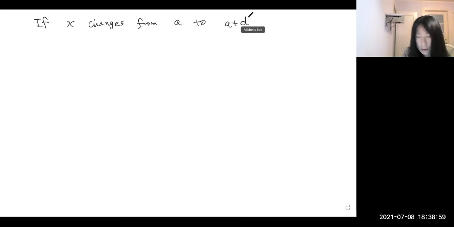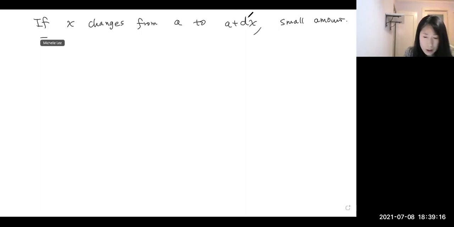So let me write down: if x changes from a to a plus dx, a small amount, then changing x in dx.